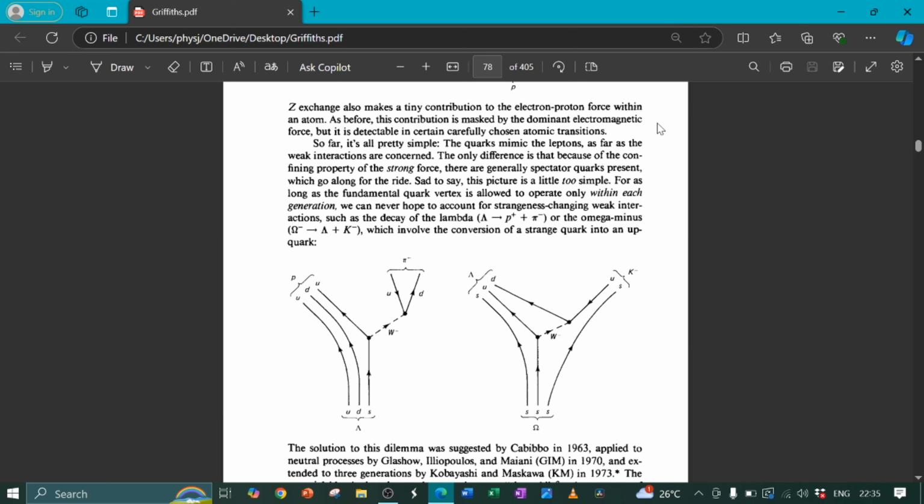For as long as the fundamental quark vertex is allowed to operate only within each generation, we can never hope to account for strangeness-changing weak interactions such as the decay of the lambda, lambda goes to proton plus pion negative, or the omega minus, omega minus goes to lambda plus kaon negative, which involved the conversion of a strange quark into an up quark.